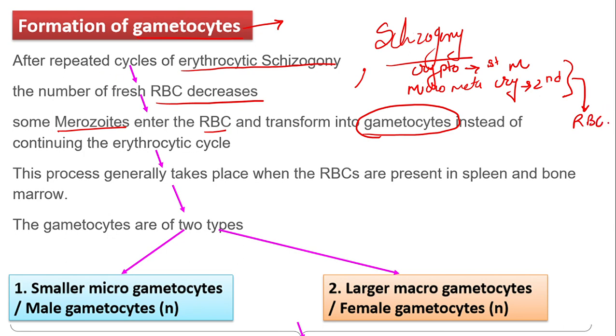So it has two options. One way is it is going to enter into the fresh RBC and infect the RBC. Right? Other way is without infecting, it is going to enter and follow the gametocyte process.